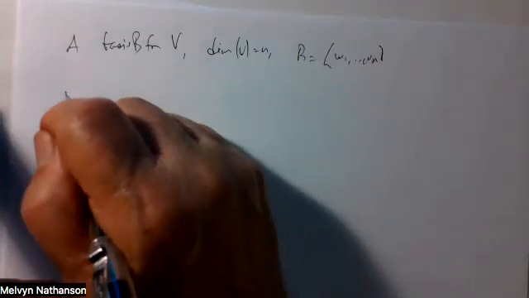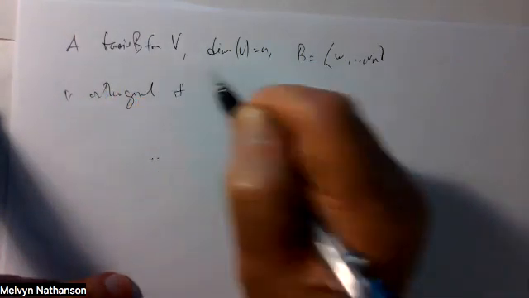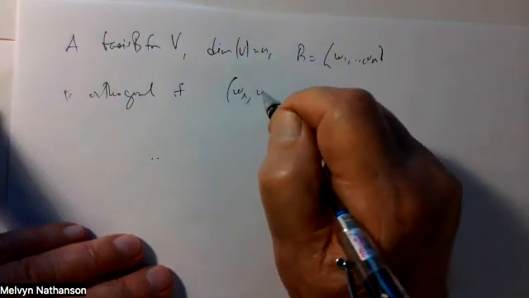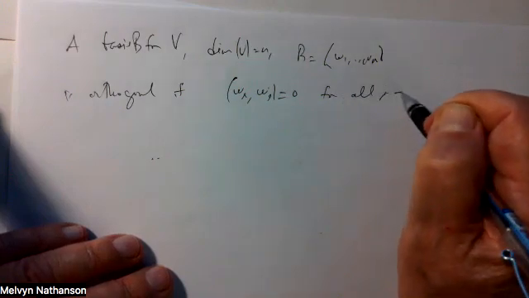This basis is orthogonal if the inner product of w_i and w_j is 0 for all i different from j.